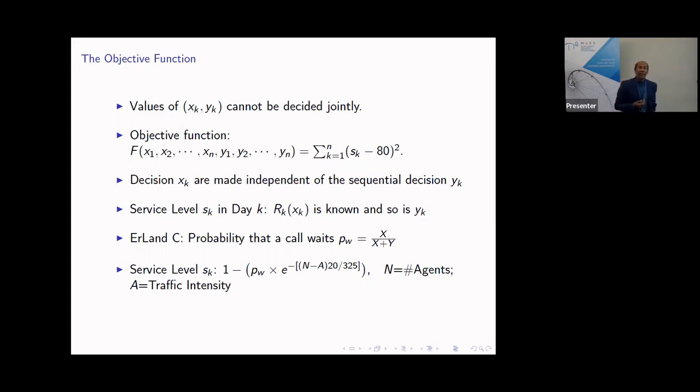So the idea is that you control how many SMS you are sending today, and then how many agents you have, and because you are sending SMS today, you will receive calls due to your action today. But then, previous days are also part of our model. On previous days, how many actions you have taken determines how many calls are coming today.